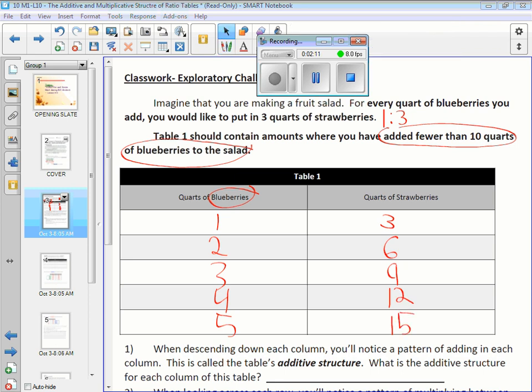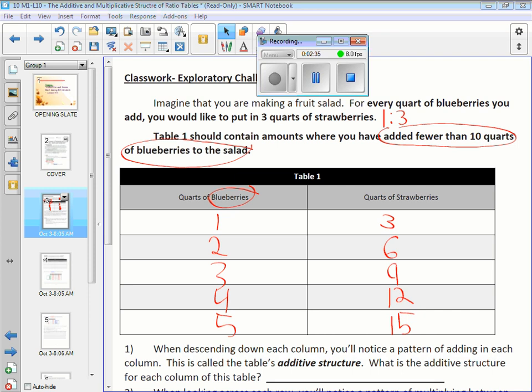How many of you have it like this? Did anybody do anything different? All right, well, that's good that we all did the same thing. There are other possibilities. As long as the amount of total quarts of blueberries was under 10, you could do 6 to 18, 7 to 21, but most everybody does it like this. What'd you do?